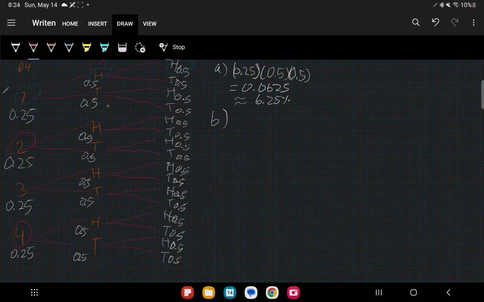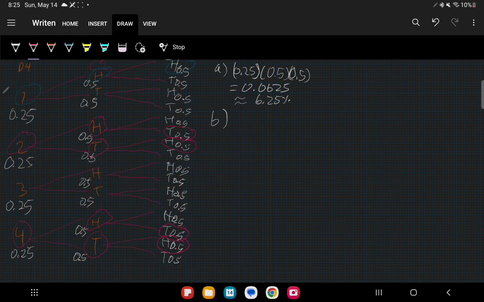So that's going to be this one and this one, this one and this one, this one and this one. And this, whoop, caught a mistake. That was 2 heads. So you want to make sure you pick the one that is 1 heads, 1 tails. There we go. And this one.